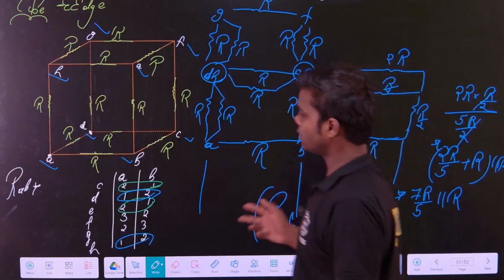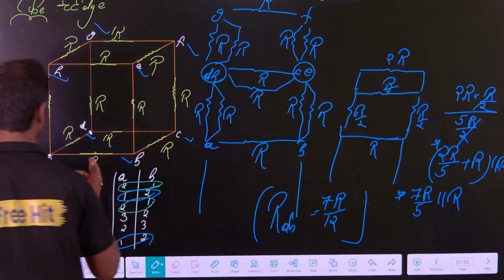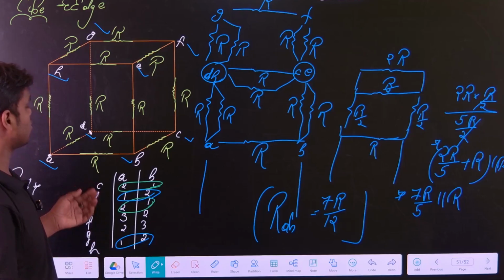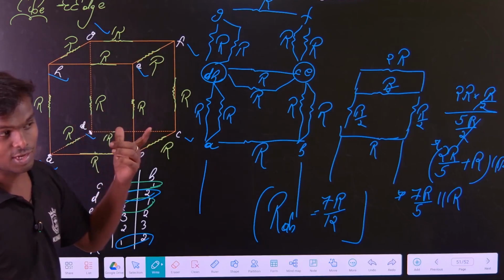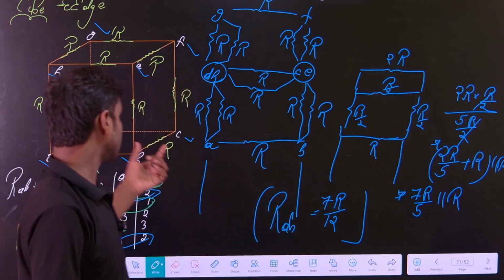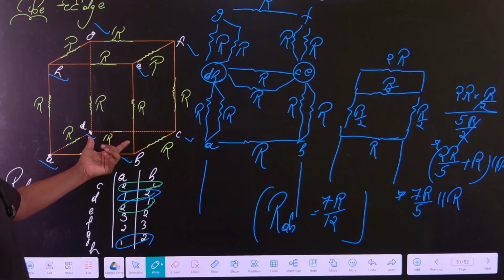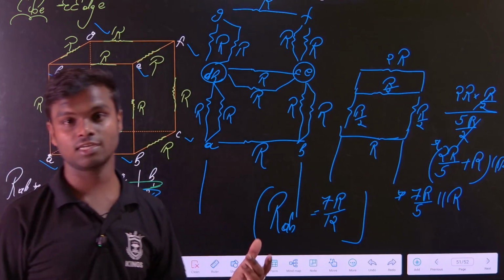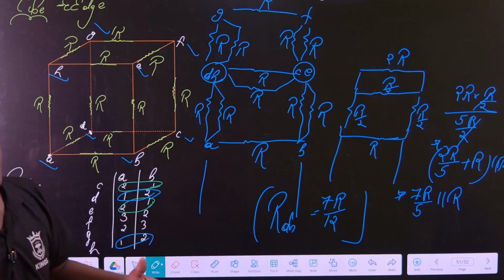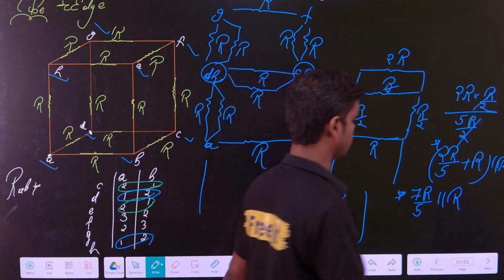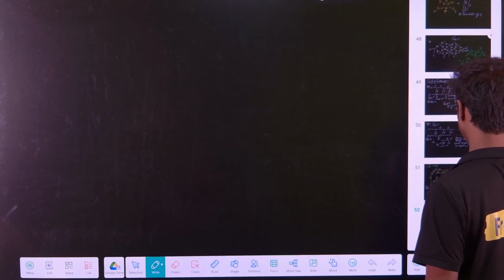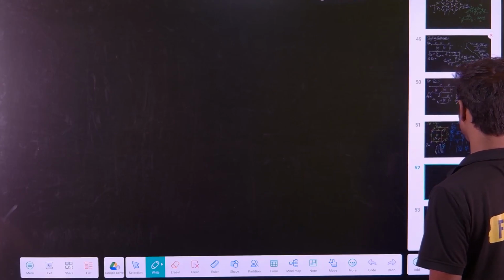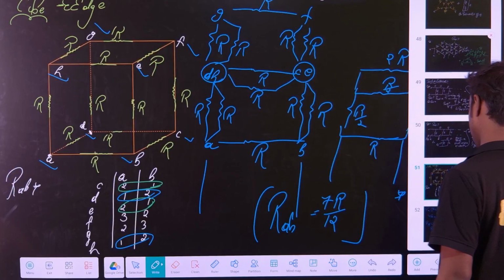If you solve the DPP, you will get one question. I have asked what is the power consumed in this resistor. Here you have to calculate the current in this branch, and when you calculate the current, you will calculate the power consumption in this resistor. This type of question we will solve also. That is not tough, but you have to use your brain. It's easy only.